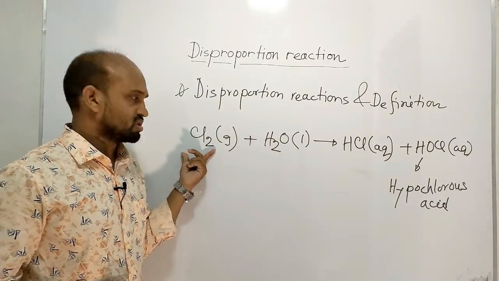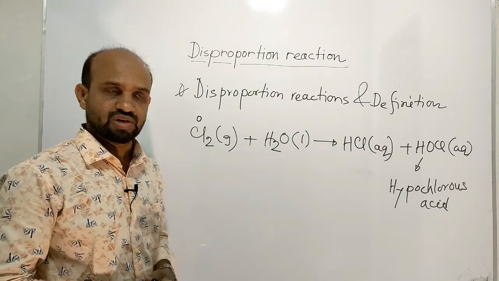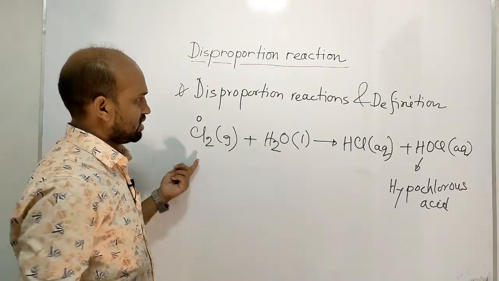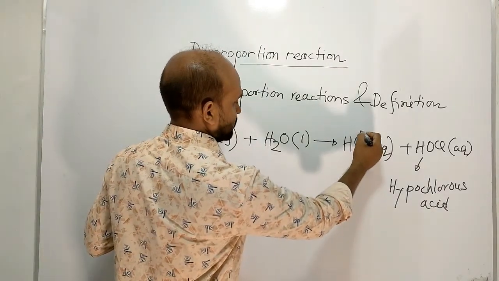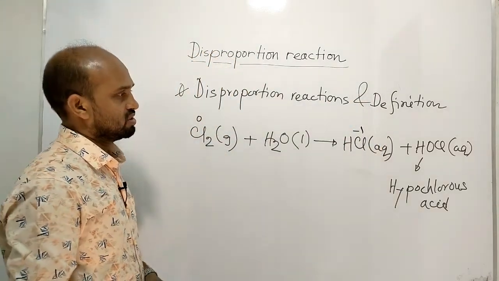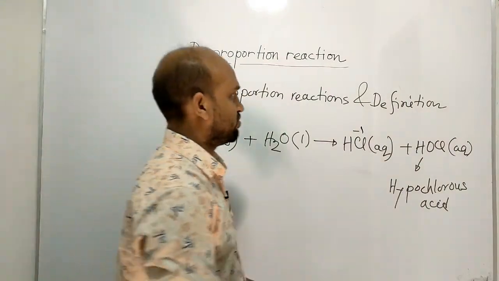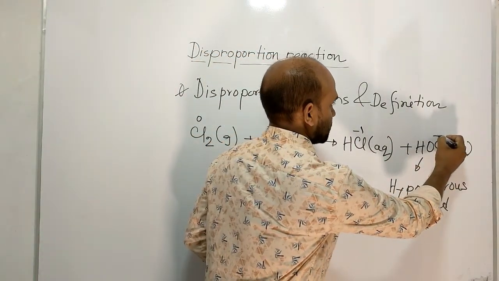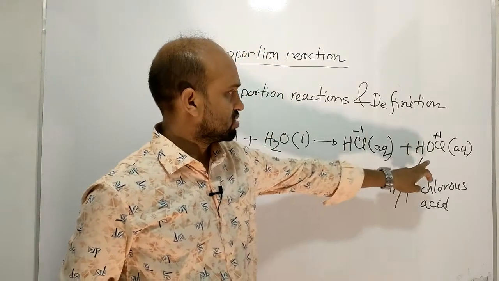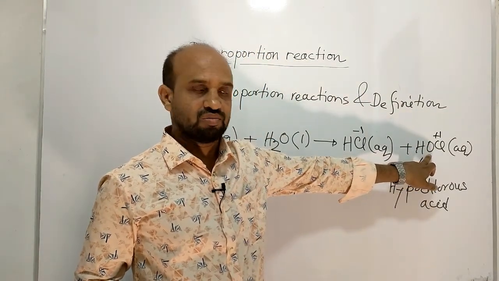Let's see the oxidation number of chlorine here, 0. We already knew the matter. And here the oxidation number of chlorine is -1. And in this molecule, the oxidation number of chlorine is +1 because oxygen is a more electronegative atom.